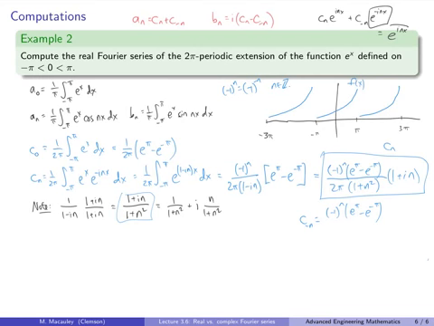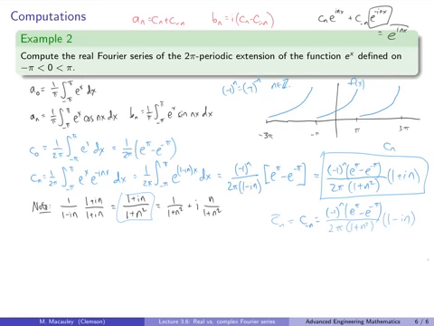Okay, so back to here. Let's divide by 2 pi times 1 plus n squared. And now we have 1 minus in. So this is equal to Cn complex conjugate.